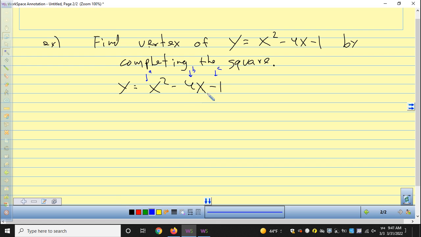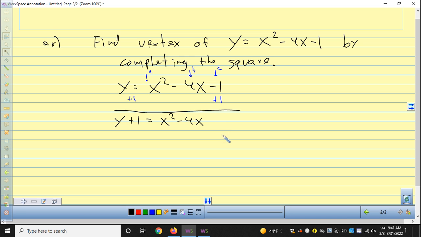My first step is I want to move c to the other side of the equation. So I'm going to add 1 to both sides. So I get y plus 1 equals x squared minus 4x. Negative 1 plus 1, I just get 0.